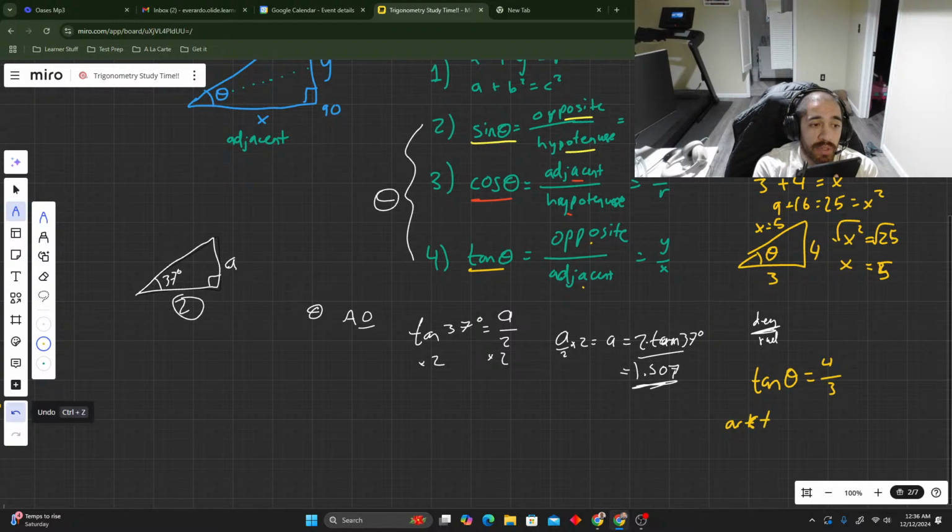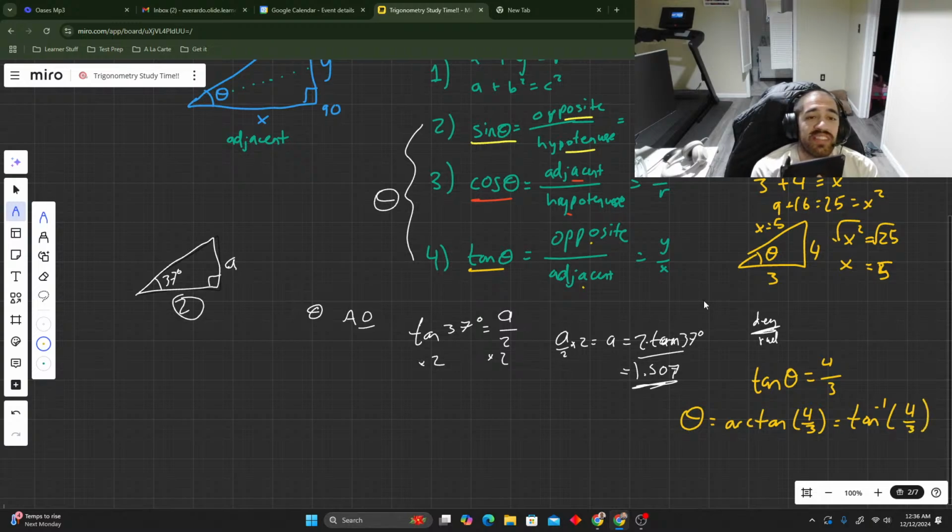So let me clean it up a little bit. Arctangent of 3 over 4 is equal to theta, or you're going to see it as tangent to the negative 1 power of 3 over 4.